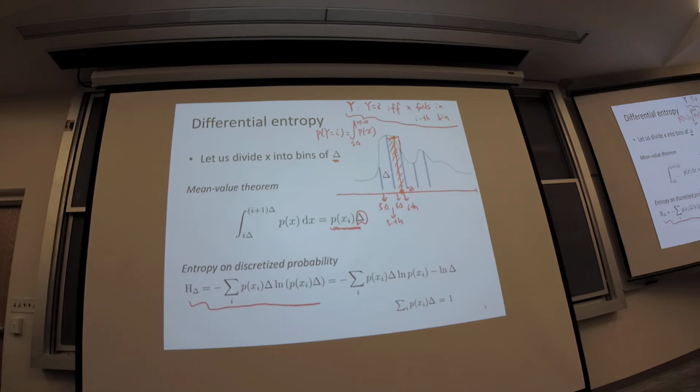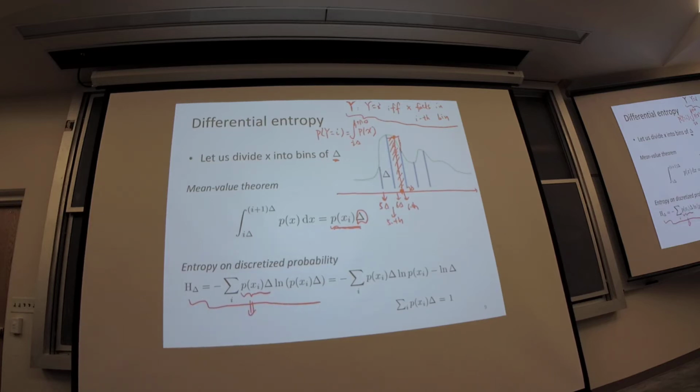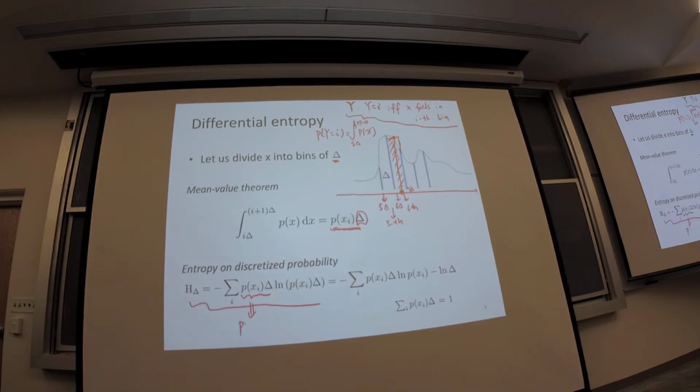And p(x_i) times delta is the probability that your discrete random variable y takes i, and this logarithm of p(x_i) delta is the logarithm of P(y = i). And of course, you need to put a negative sign in front to calculate the entropy.